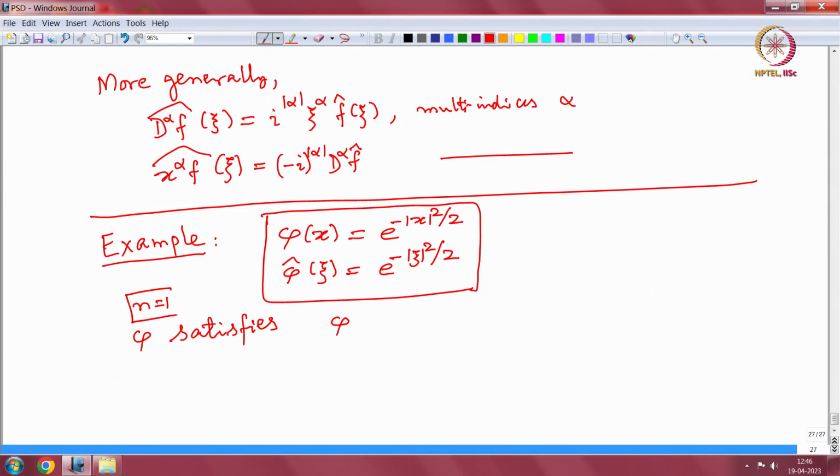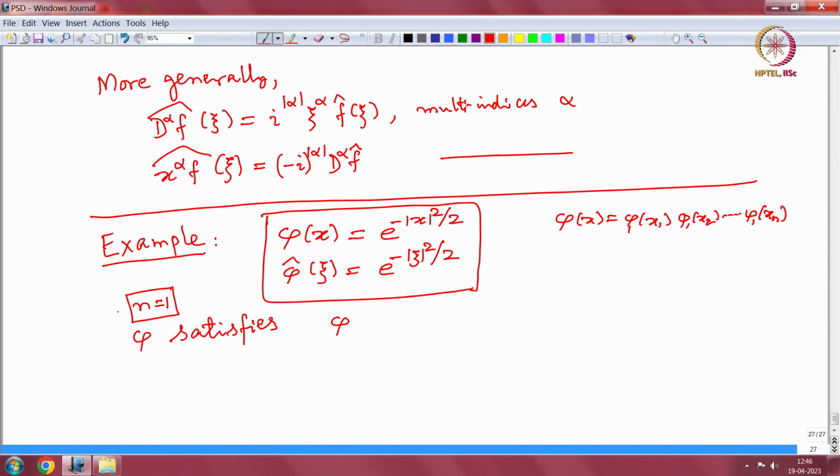For n bigger than 1, we can write phi of x as phi 1 of x 1, phi 1 of x 2, and so on, a product of n functions, each a function of only one variable, and the integration is also one dimensional.